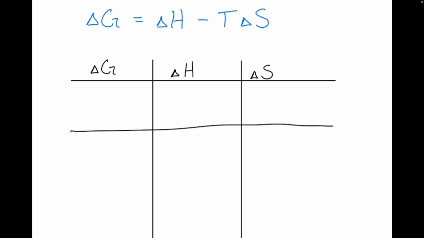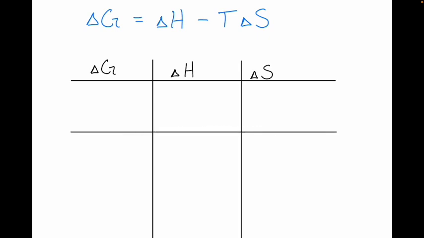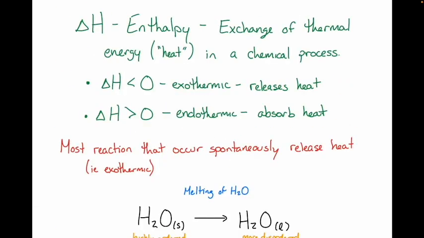Okay. All right, and so let me show you how we're going to fill this in here. First, we're going to say, all right, what if a reaction is exothermic? If it's exothermic, what is the sign of that delta H value? What did we say that it meant to be exothermic? Have a delta H less than 0.